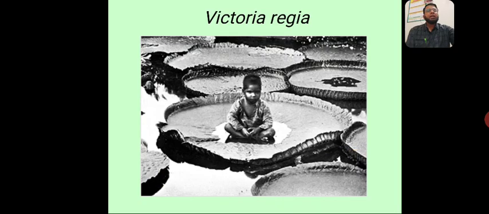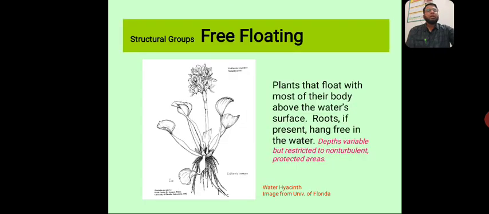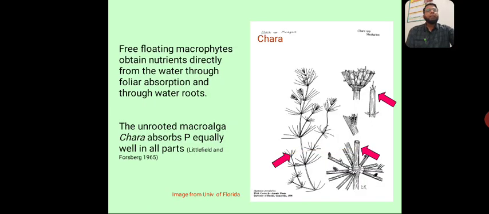Water lily. Victoria regia is also another example. Then the free floating category of plants: plants that grow floating with most of their body above the water surface. Roots, if present, hang freely in the water. So such is the free floating category.